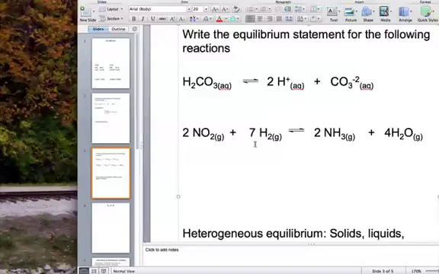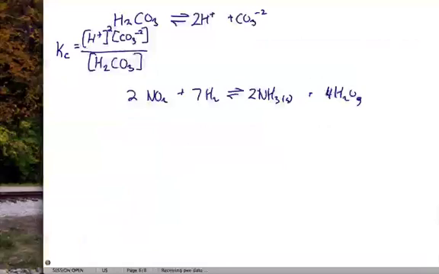So let's take a look at a more complex example. 2 NO2 gas plus 7 H2 is in equilibrium with 2 NH3 gas plus 4 H2O gas. Again, products over reactants.